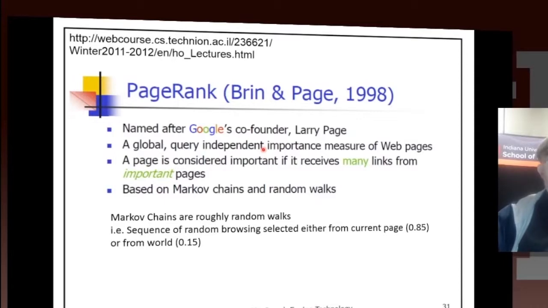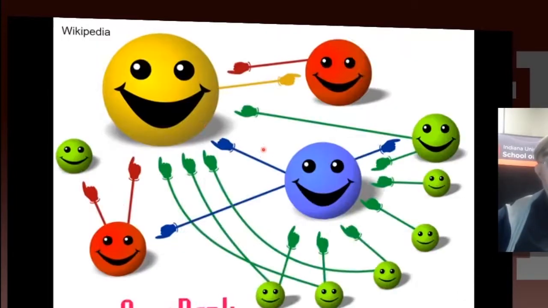These numbers, 85 and 15, which add up to 100, can be chosen to different values; these are just typical values. And 15% of the time it will just go to a general link. Naively, that means the person goes up to the top of the browser, types in a new link and goes there.